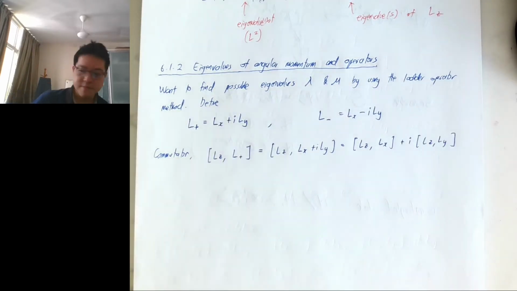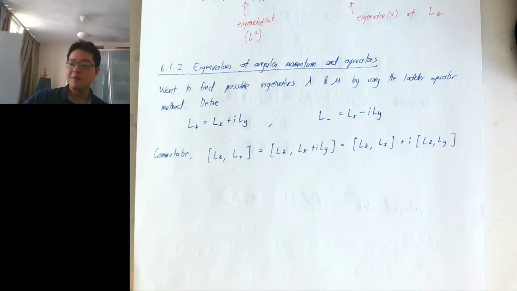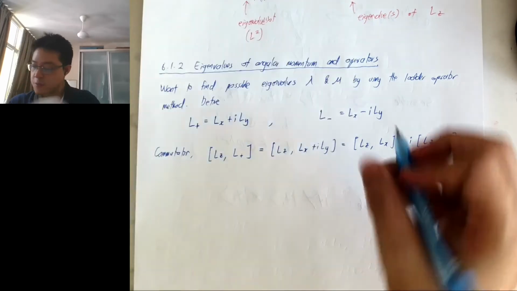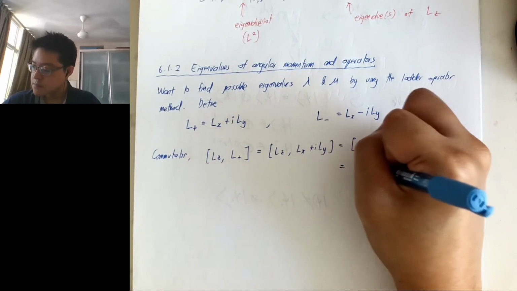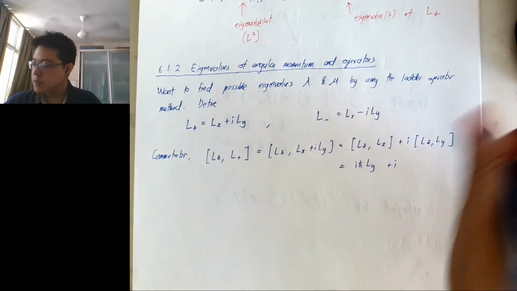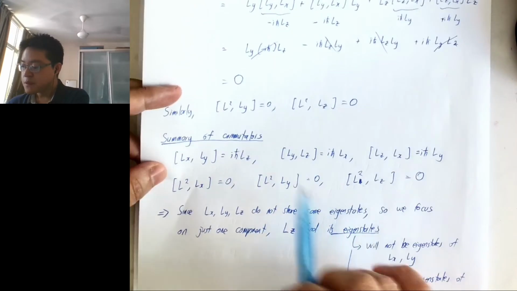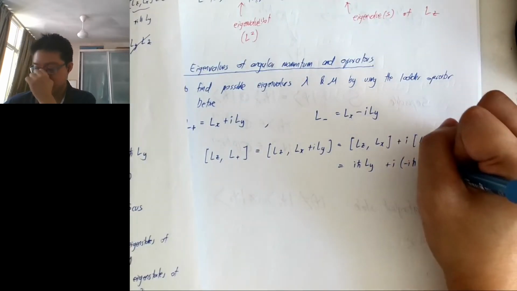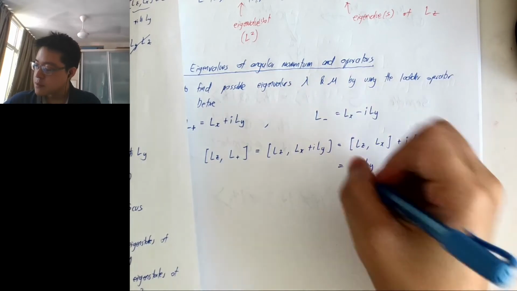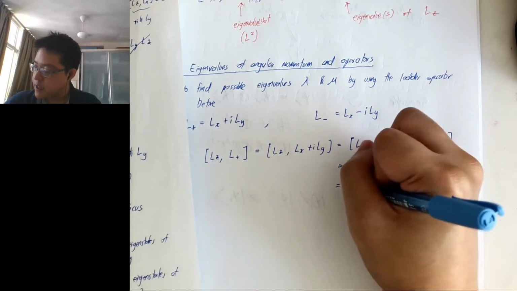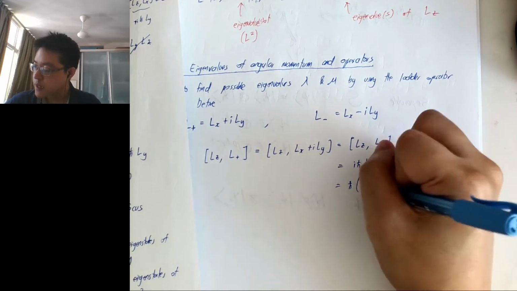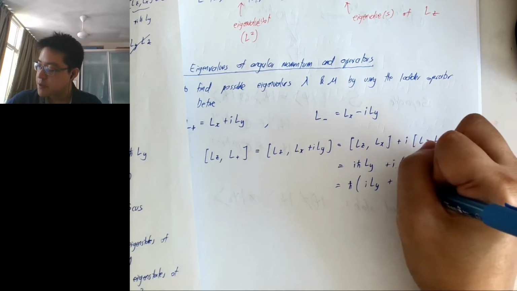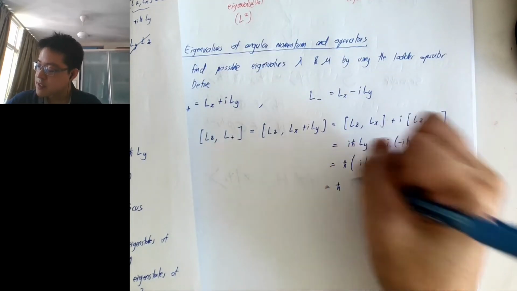So what do we have previously? Lz with Lx is i hbar Ly, and then Lz with Ly is the reverse of this, so this is negative i hbar Lx. Hbar can be factorized out. I get i Ly, and minus i times i just gives a positive one, with hbar taken out already. So this is just negative hbar Lx.